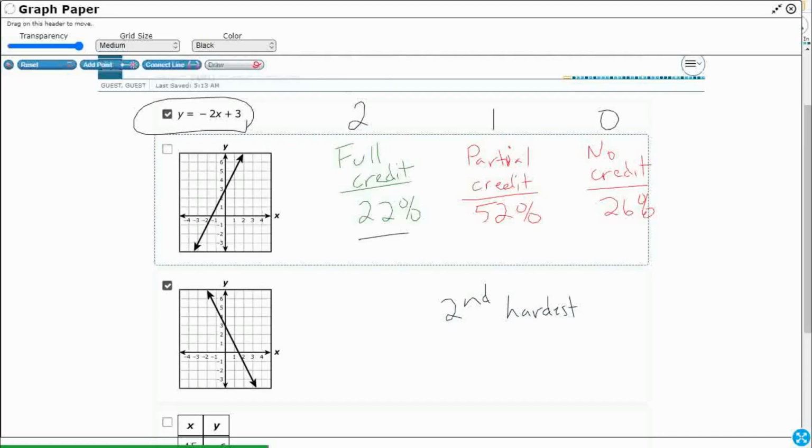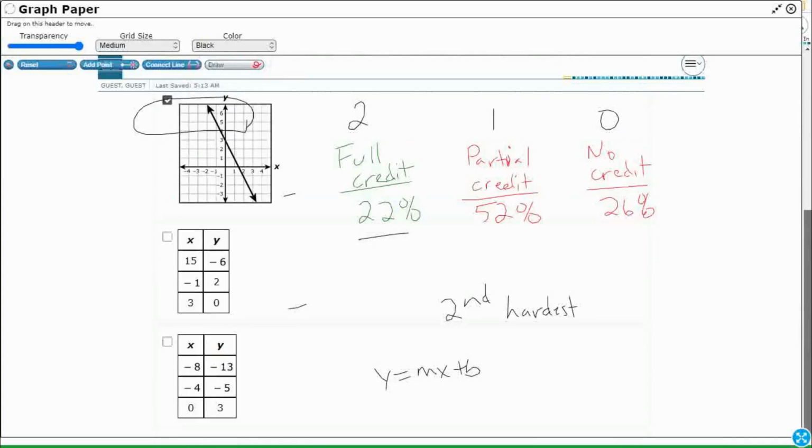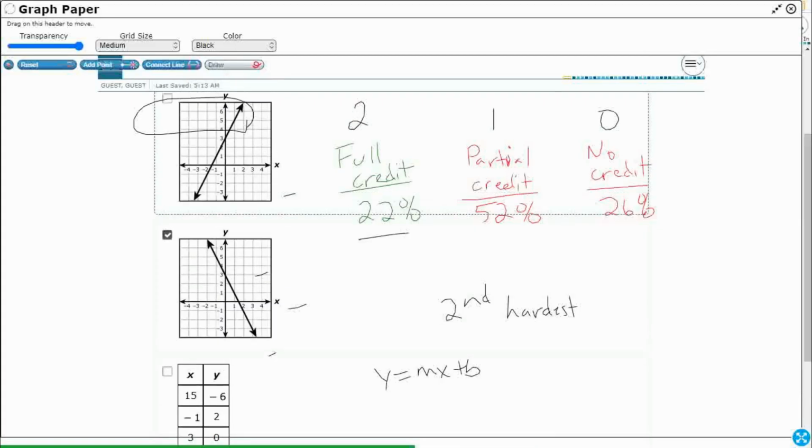But I think a lot of students struggle with how to find the next one, right? So how do you take your slope-intercept form, and how do you verify that is being accurately represented either on your graph, or, as you can see, a little bit more difficult, especially for the visual learners, probably this table as well. The fact that it wasn't on one of these tables made it difficult because you had to work everything out.